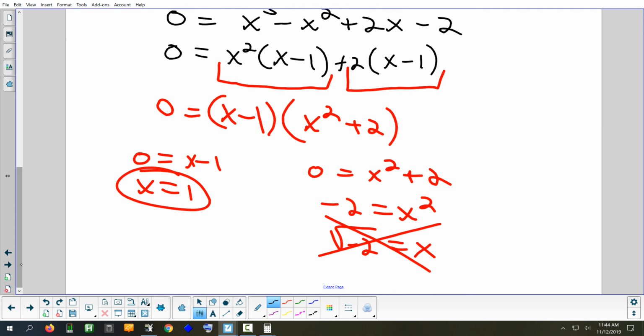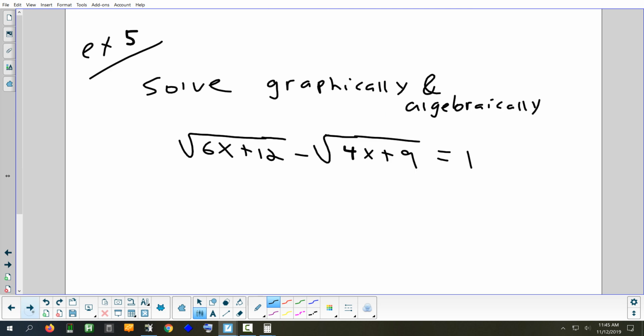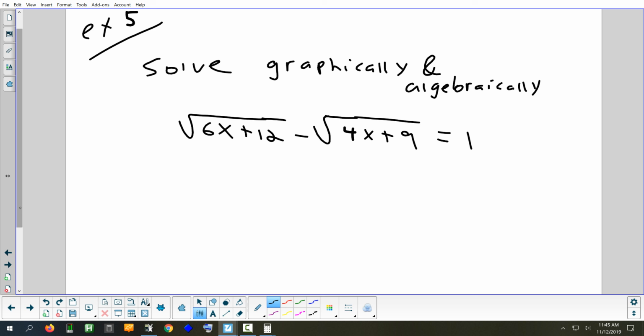Any questions on that one? Okay, let's look at this one. Now, do I have a root all by itself on one side this time? Sam? No. What I would do is this.